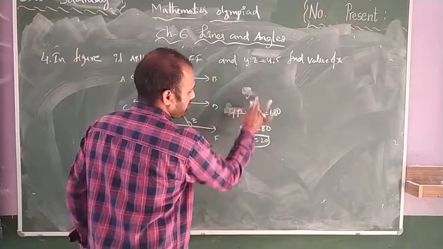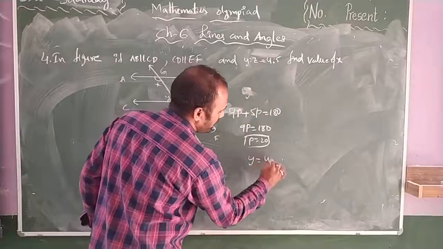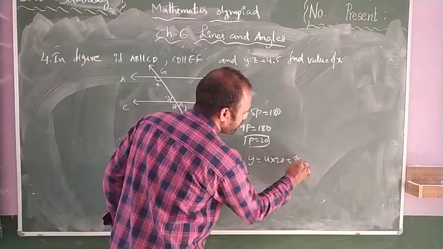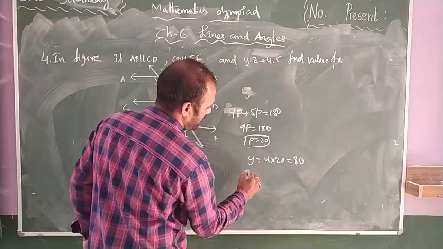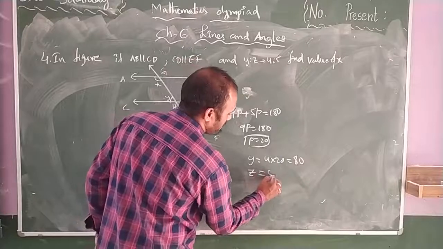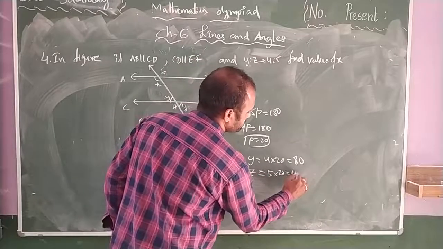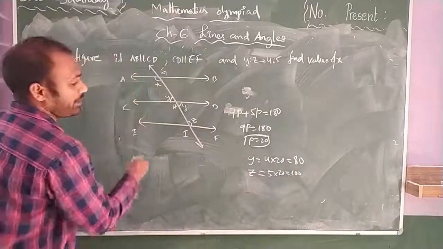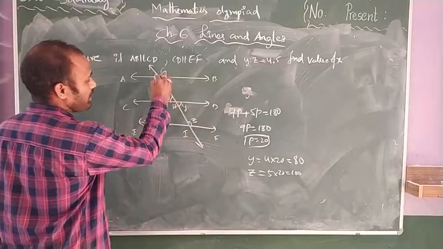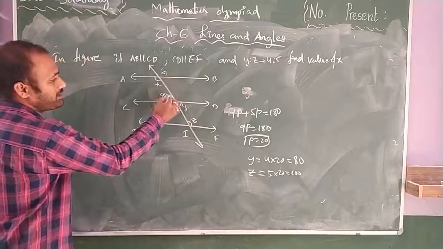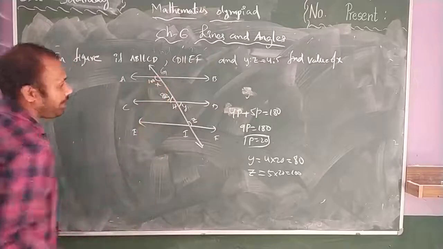So angle y will be 4 into 20, which is 80, and angle z will be 5 into 20, which is 100. So here 80 degrees. Here also, co-interior angle, if it is 80, this is 100 degrees.